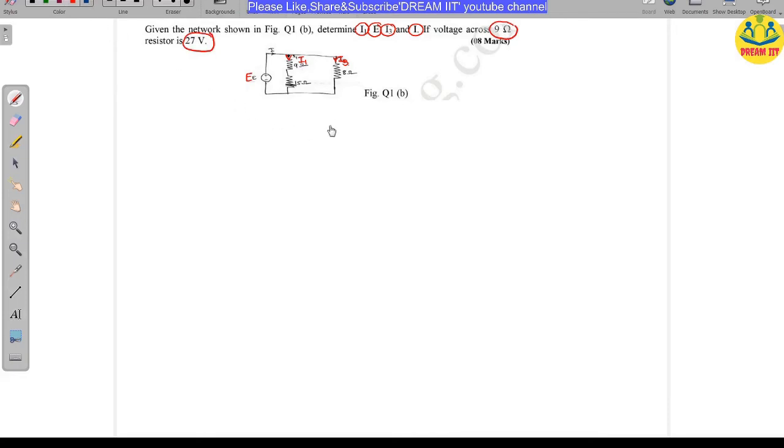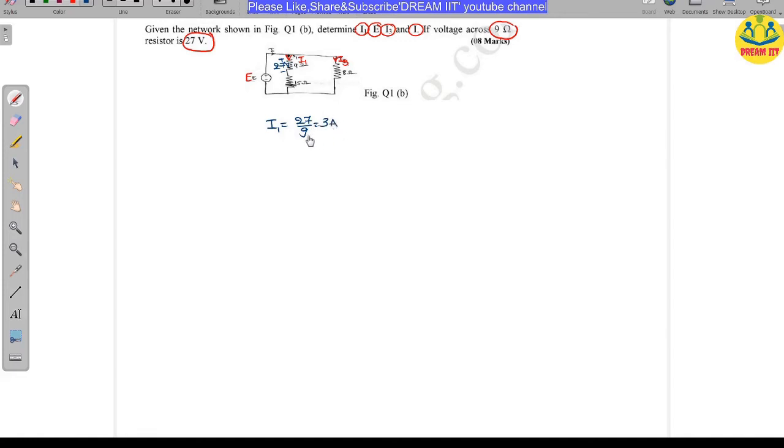Here also you can use the current division rule once again. First of all, I will find the current through the 9 ohms resistor, since the voltage across it is already given as 27 volts. So I1 is equal to 27 volts divided by 9, that is 3 amperes.